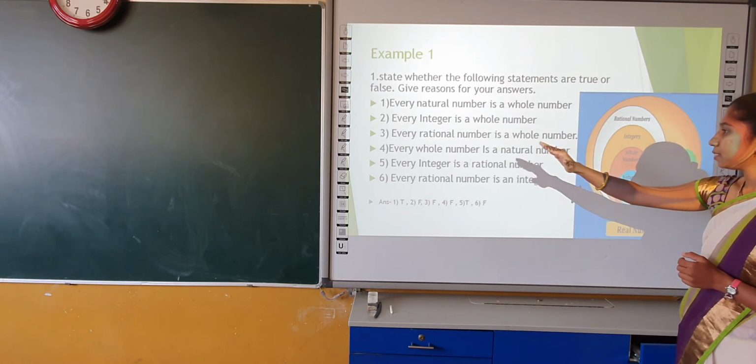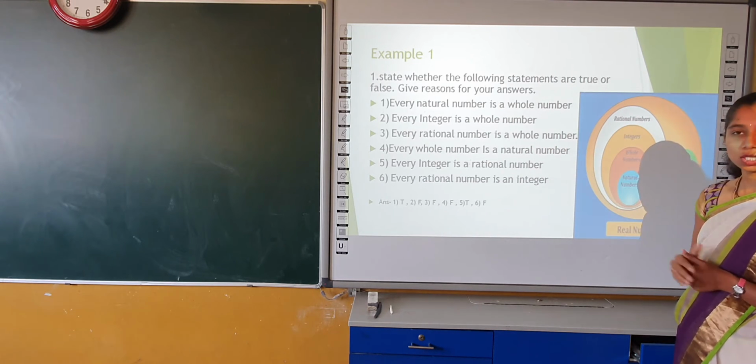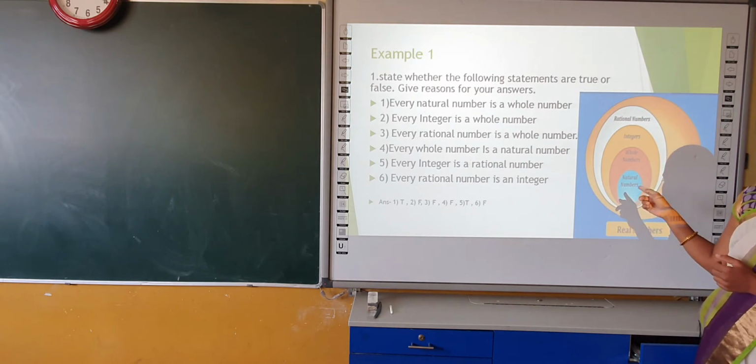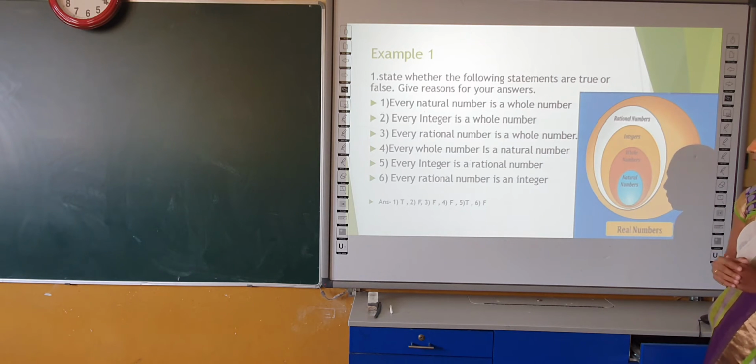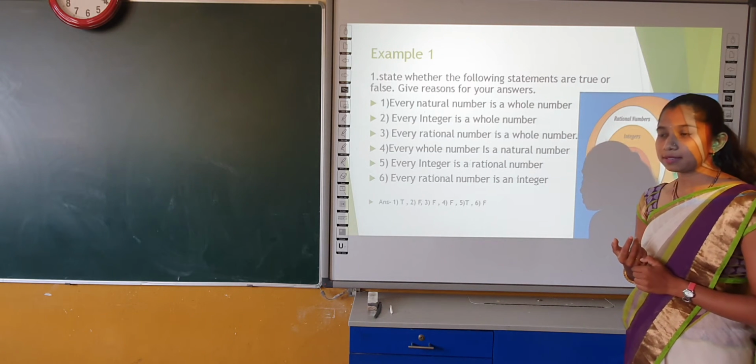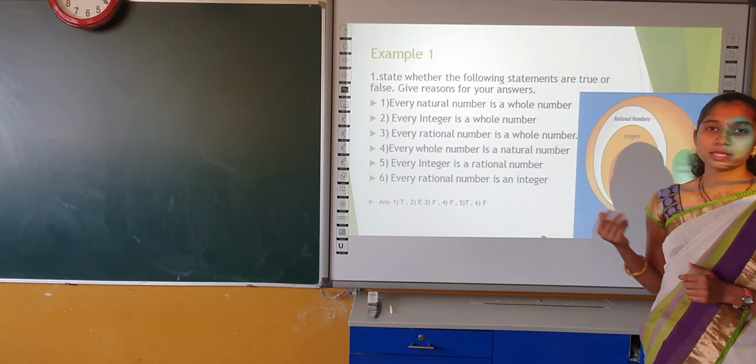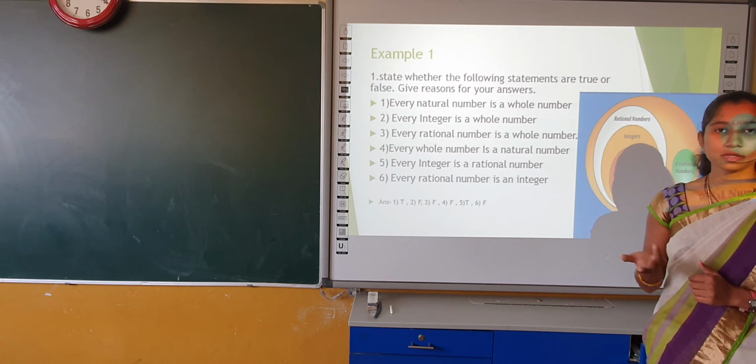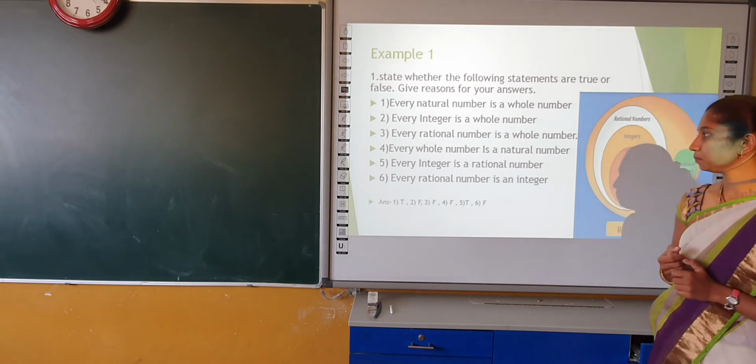The next statement is, every whole number is a natural number. Look at this diagram. No, it is false. Every natural number is a whole number, but every whole number is not a natural number. What reason can we give? 0. 0 is a whole number, but 0 is not a natural number.